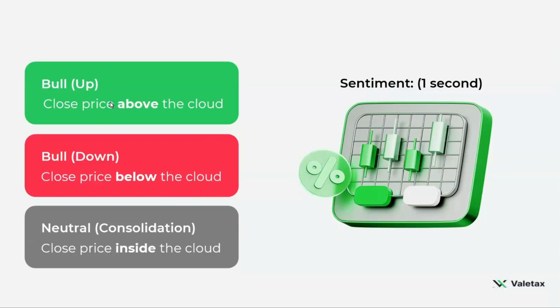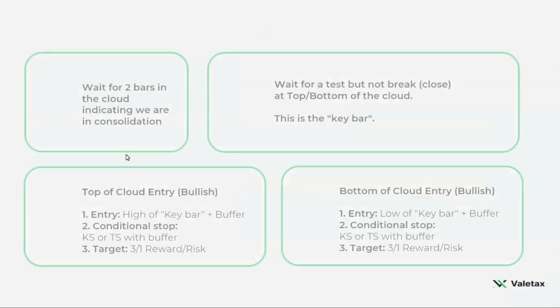So if price is above the cloud, you're going to look above you or below you, not forward or backwards, but above you or below you. If the current price is above the cloud, it's bullish. If the current price is below the cloud, it's bearish. And if the current price is in the cloud, that basically means you're neutral. Okay. And that's the cloud strategy completely as it is.